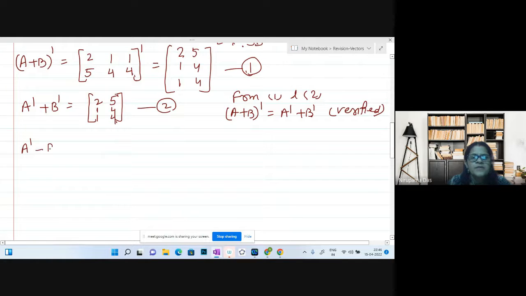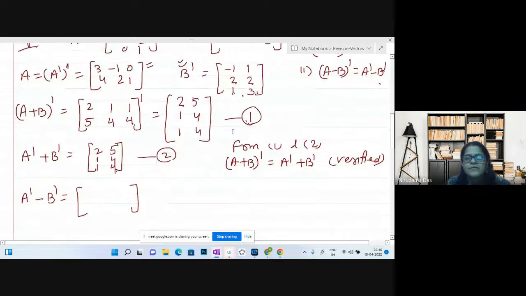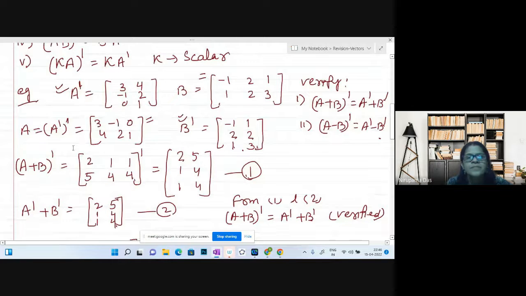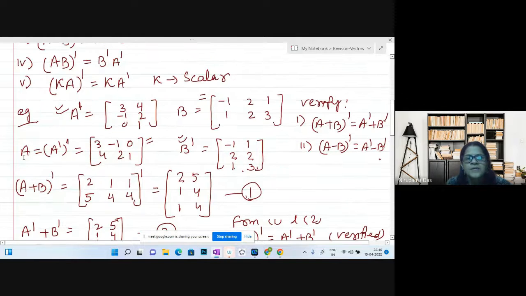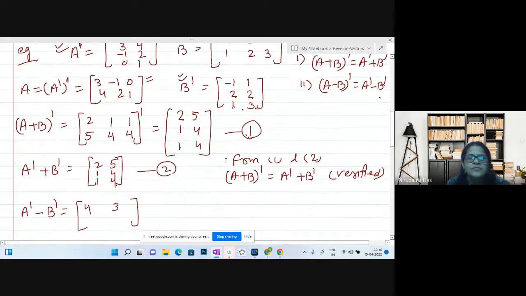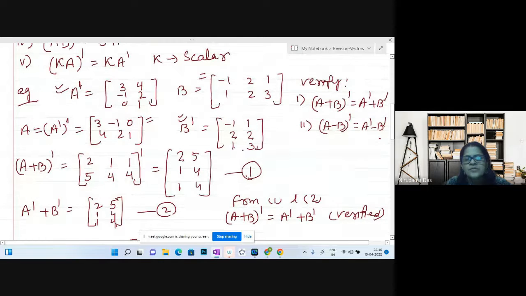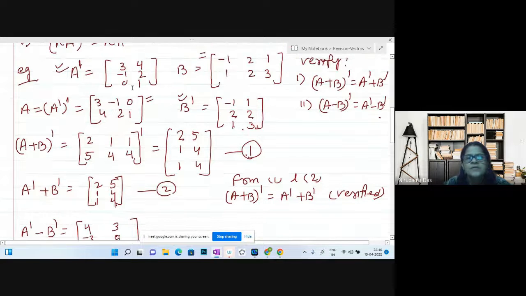A transpose is already given to us, and B transpose. 3 minus of minus 1 is 4, 4 minus 1 is 3, then minus 1 minus 2 is minus 3, then here 2 minus 2 is 0. The third row is 0 minus 1, minus 1, and this is minus 2.